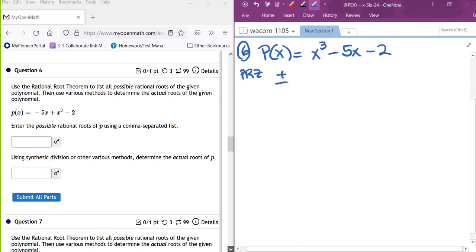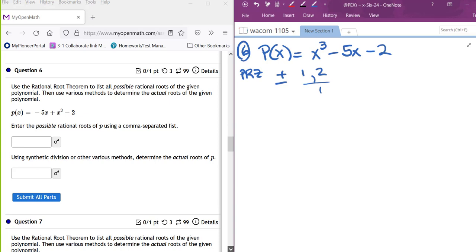So we're going to have plus or minus factors of 2, so 1 and 2 over the leading coefficient factors, which is 1. So we're good there. So our choices are 1 and 2. And I would go ahead and go, of course, positive and negative.